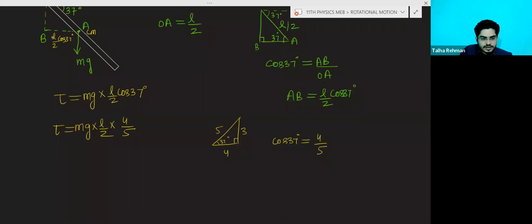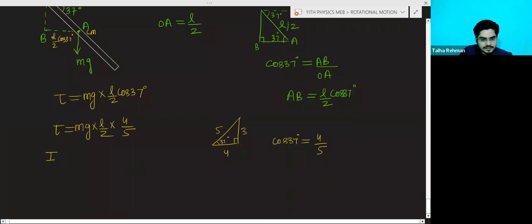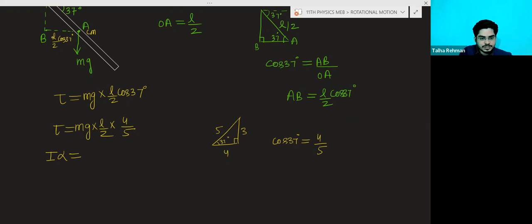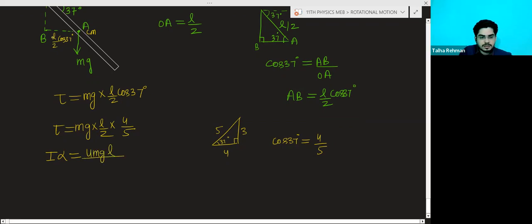This torque can be written as moment of inertia about the axis multiplied by alpha, and we want to find this alpha. So mL square by 3 into alpha is equal to 4 mgL divided by 10.